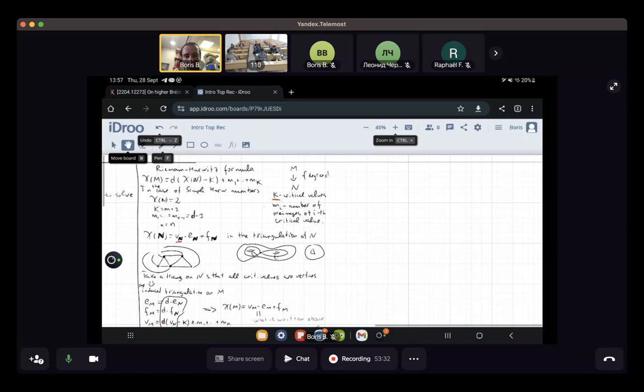Okay. So, questions? Okay, what I want to say in the last couple of minutes is about how these two definitions are connected to each other again.